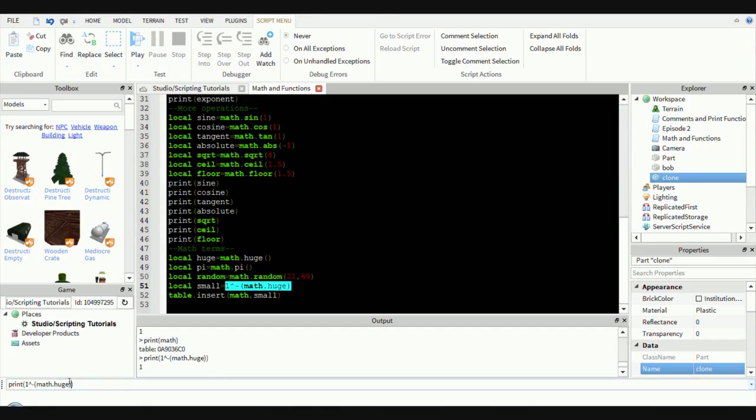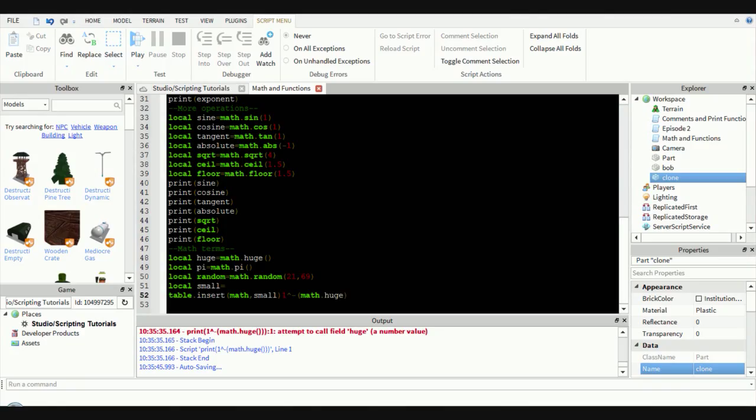Oh wait, I forgot to put parentheses right there. Attempt to call a number value. I don't think it works, sadly. Oh wait, let's still try it again: 1 to the power of 0 minus math.huge.